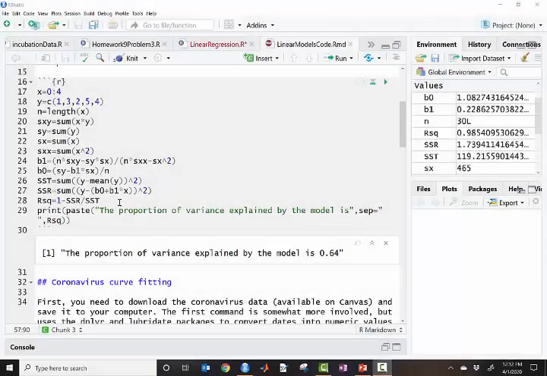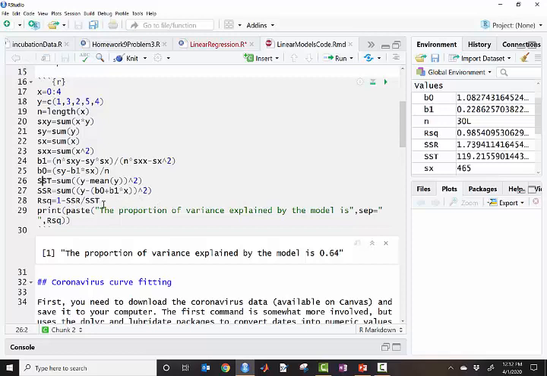Tacking on the code for computing R squared to our previous code is just 3 lines, basically. First, we need to compute the total sum of squares as the deviations of y from their mean squared, so the sum of the squared deviations of y from its mean. Then we need to look at the sum of squared residuals as the deviations of the y's from their predicted values, so y minus b0 plus b1x, sum of those squared.